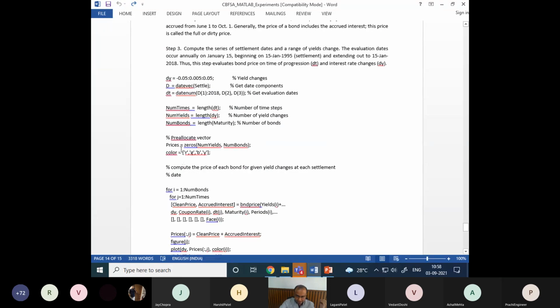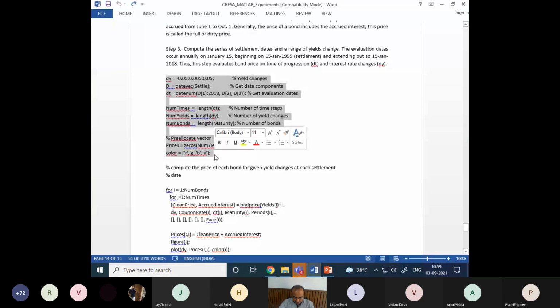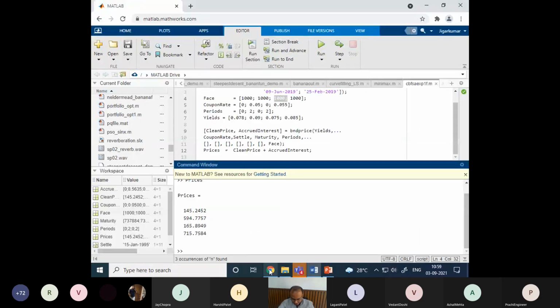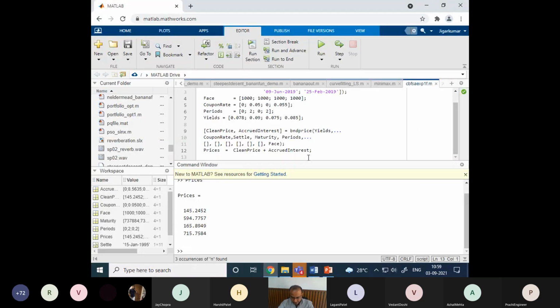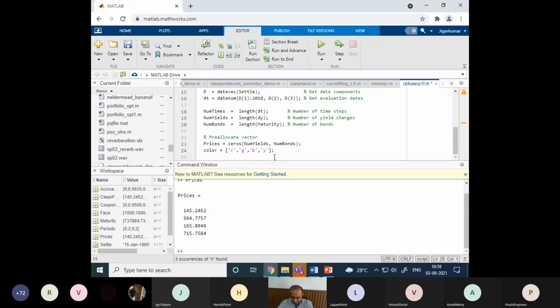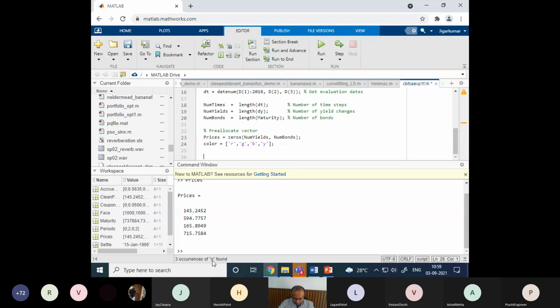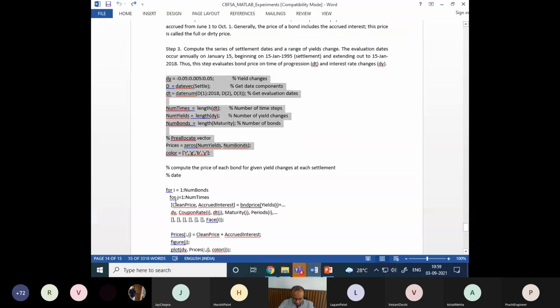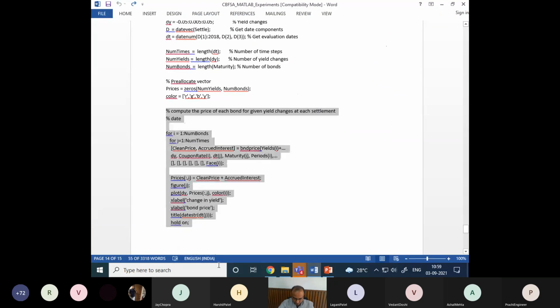Let me copy paste this in my MATLAB. So let me do this, Control C and copy paste it. Earlier we had taken a fixed yield, now we are taking the change in yield. So I have copy pasted up to this, now I copy paste this also.